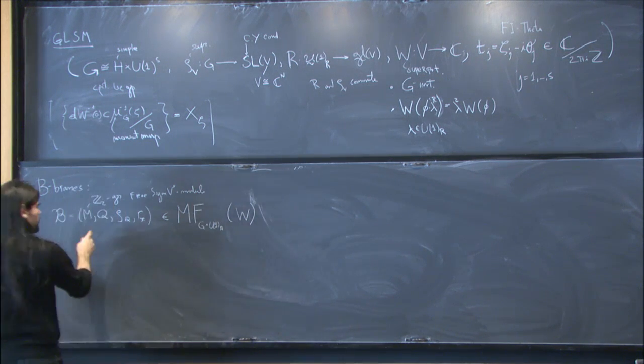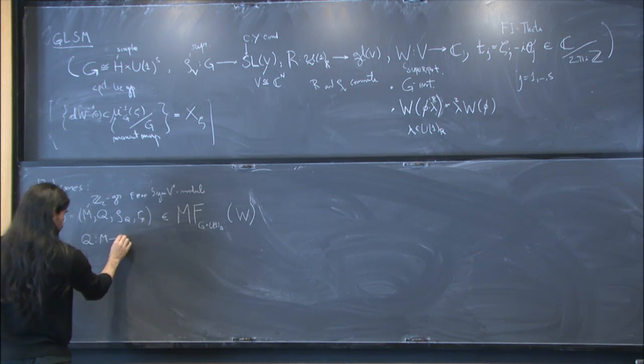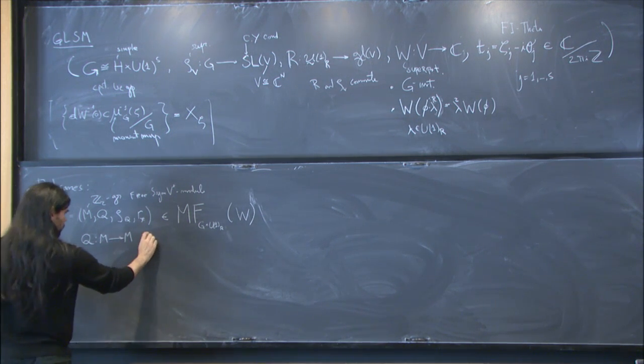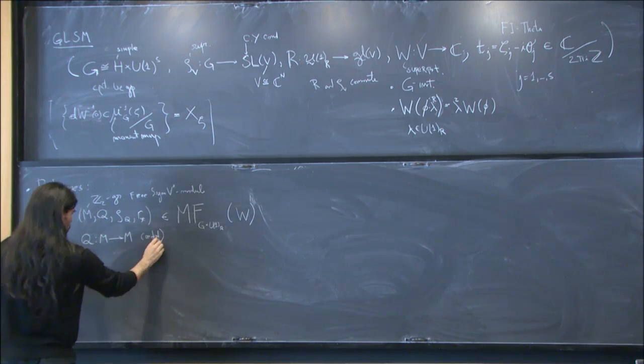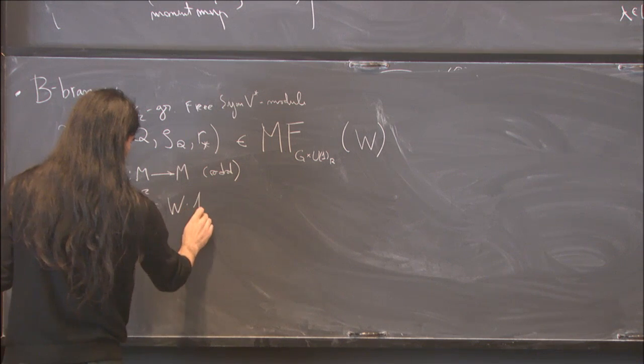So for M, I carry just out the rank of this thing, and Q is some odd endomorphism here, so it's odd. And Q squared is W times the identity in M.